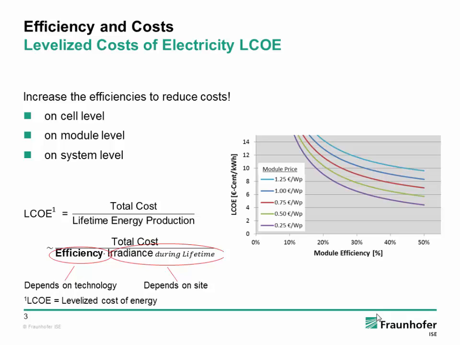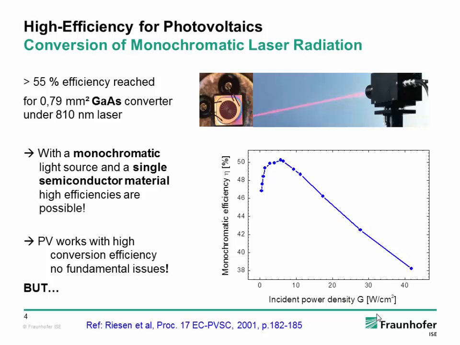We assume fixed costs, more module prices, and then you see, independent of what other assumptions you use, if you plot it against the module efficiency, and the module efficiencies are fairly high, so these are realistic numbers for CPV systems, you basically see that if we increase the module efficiency, and that means also the cell efficiency, we decrease the cost of the real production of energy, the levelized cost of electricity. So this highlights again, efficiency is very important for our technology.